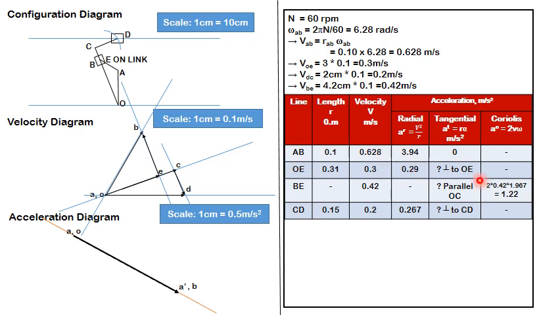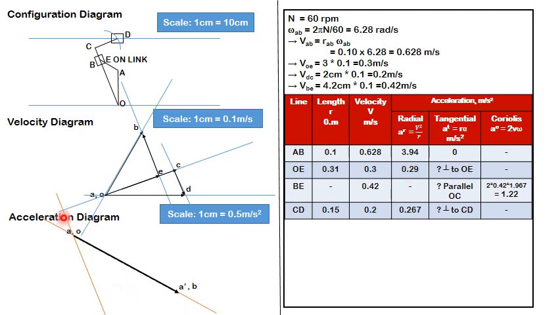Here, in this link, we know the radial component, we know the direction of the tangential component. So first draw the known quantity. So for OE, we know the radial component of acceleration, which is 0.29, and when you reduce it to our scale, it becomes nearly around 0.6 centimeter. So draw a line parallel to OE from point O of length 0.6 centimeter.